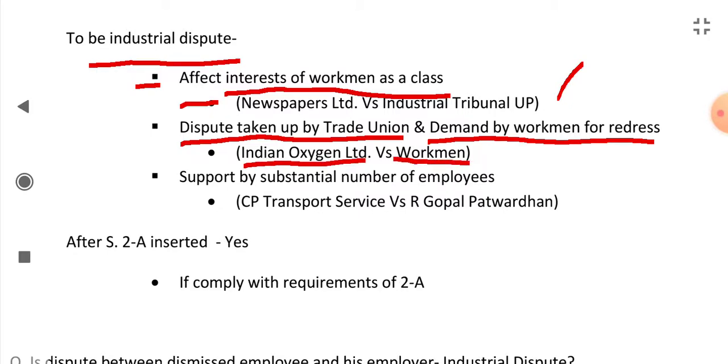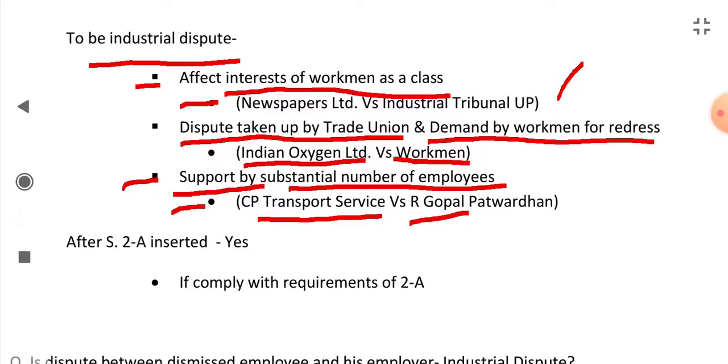Or the individual dispute should be supported by a substantial number of employees, as was said in CP Transport Service versus R Gopal Patwardhan.